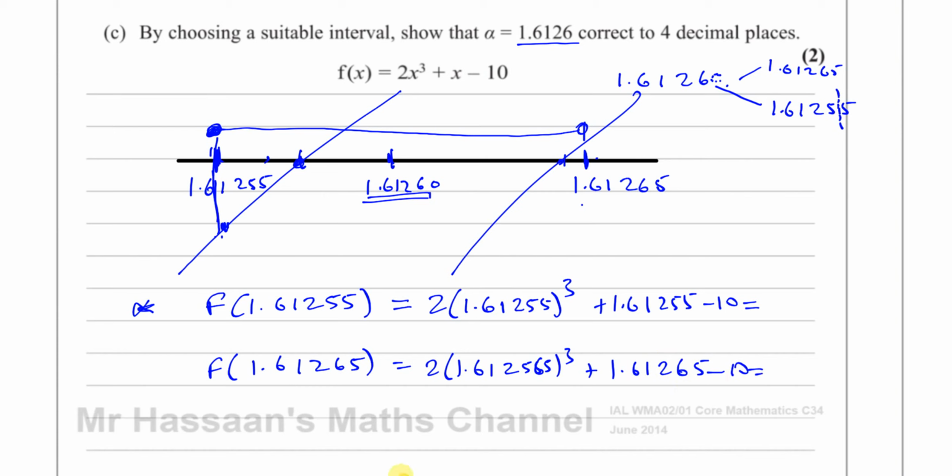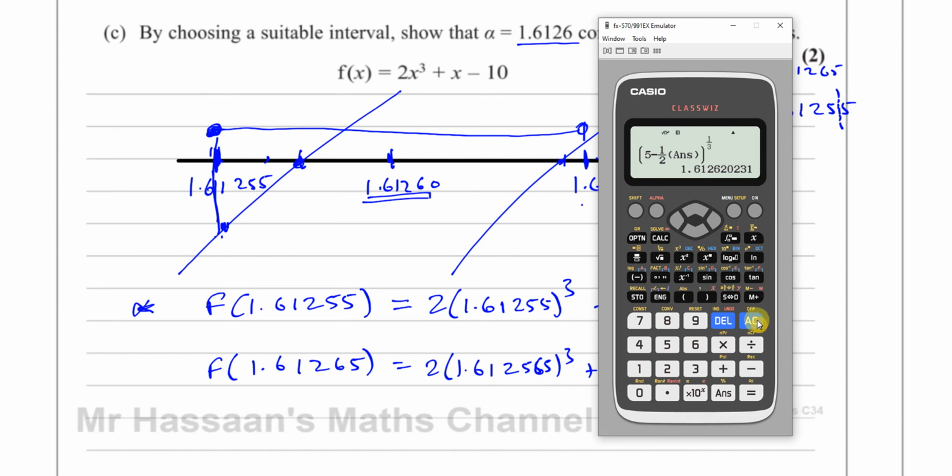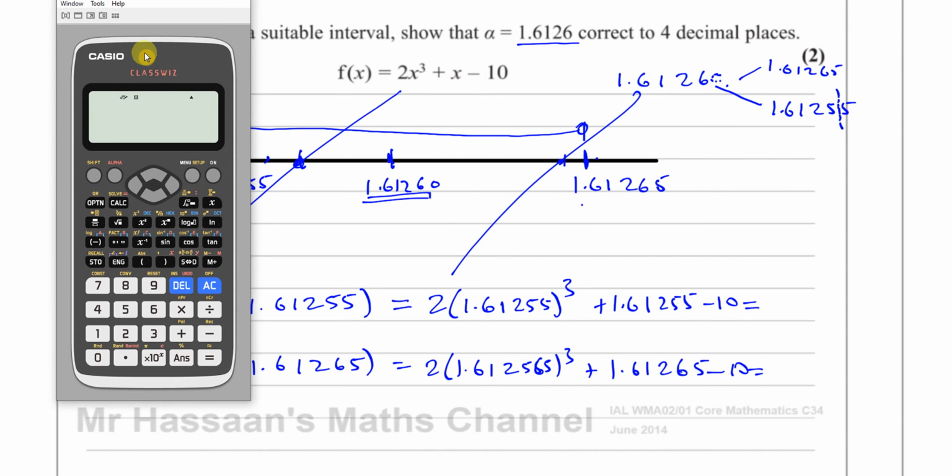And let's see if that works. So we have 2 times 1.61255, being very careful not to make a silly mistake with the typing of your values, plus 1.61255 minus 10.